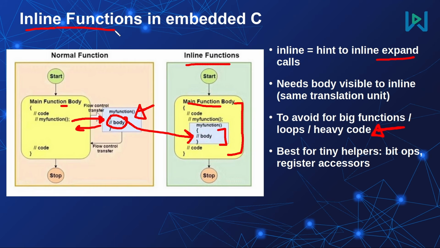Hence, expanding a big inlined function within many invocation locations will lead to a significant binary size increase. So the recommendation is always to use the inline keyword for a tiny C helper function.